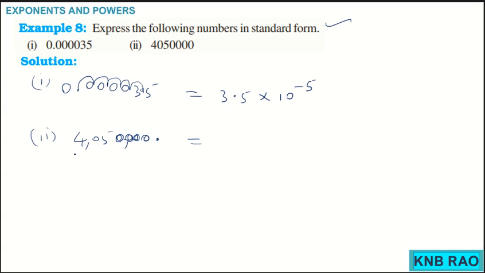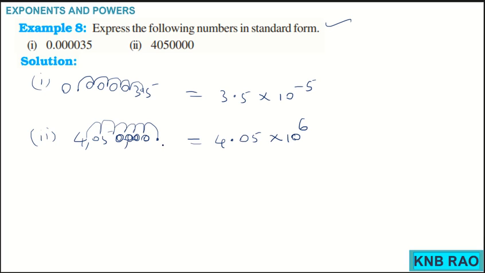You will read it as 4,050,000, or if you are reading in the Indian system, you will read it as 40,50,000. So the point is shifting once, twice, thrice, 4 times, 5 times, 6 times. So 4.05 into 10 to the power 6. Here the positive power will be there because it's a very large number.